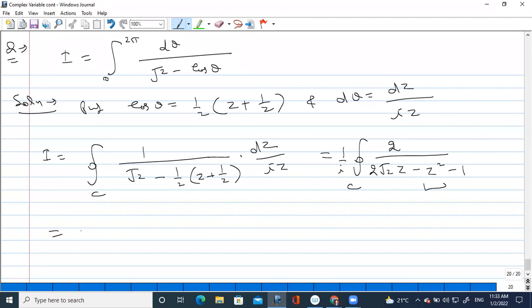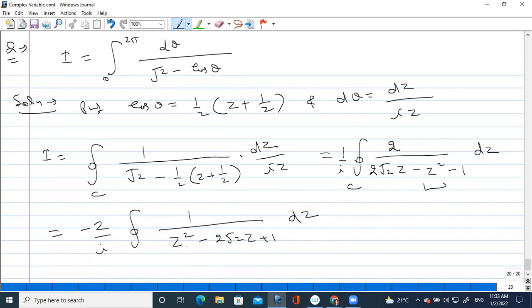So it will become minus 2 upon i, closed integral, 1 upon z square minus 2 root 2 z plus 1, dz. So this is my complete thing now.